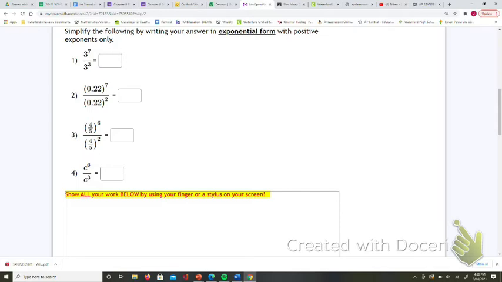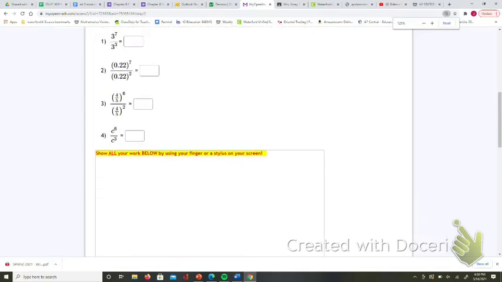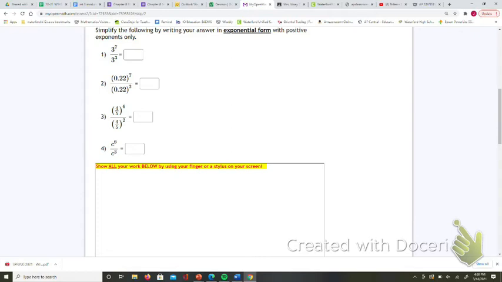Okay, I need to make my screen just a little bit smaller so I have enough room to write. Okay, so the first one is 3 to the 7th over 3 to the 3rd. So that's going to be 3 times 3 times 3 times 3 times 3, 1, 2, 3, 4, 5, times 3 times 3 over 3 times 3 times 3.